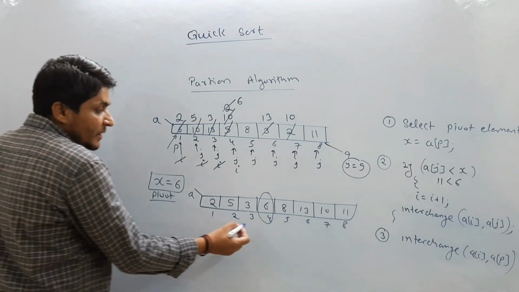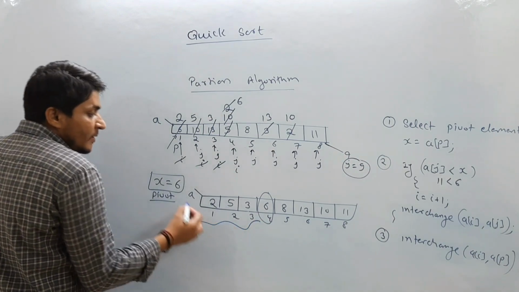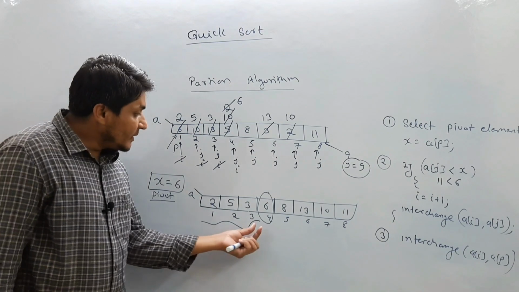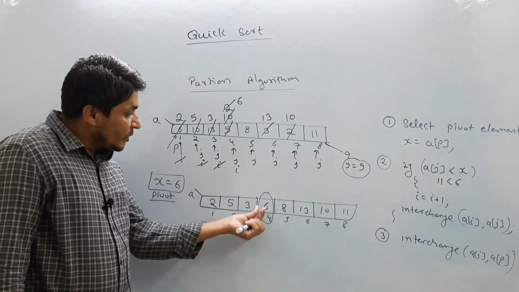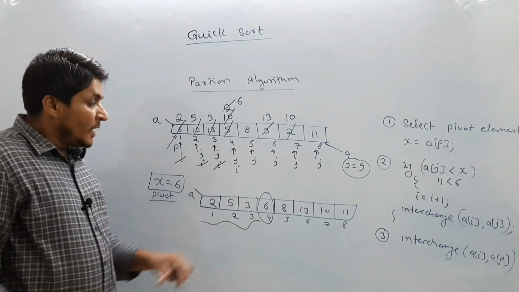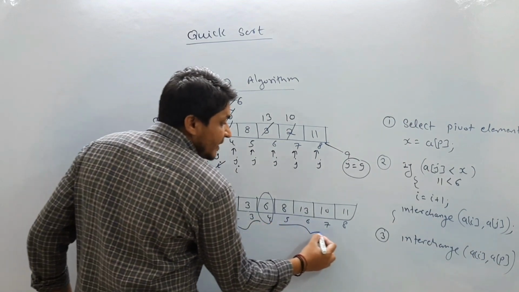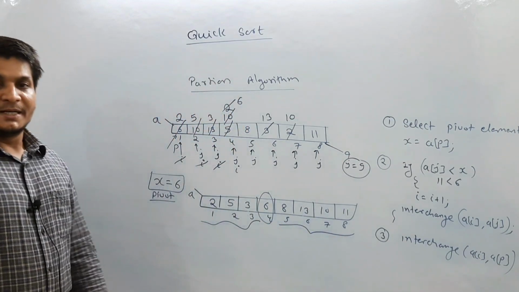So now if you see, all the elements which are smaller than the pivot element are available on the left hand side, and all the elements which are greater than the pivot element are available on the right hand side of this array.